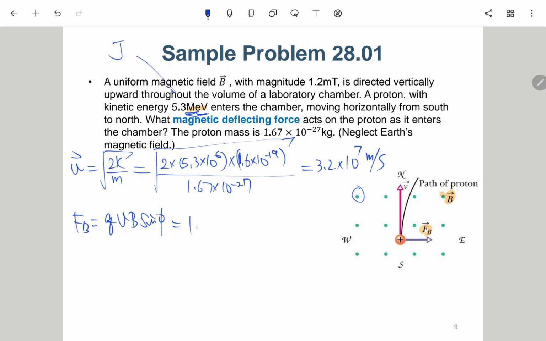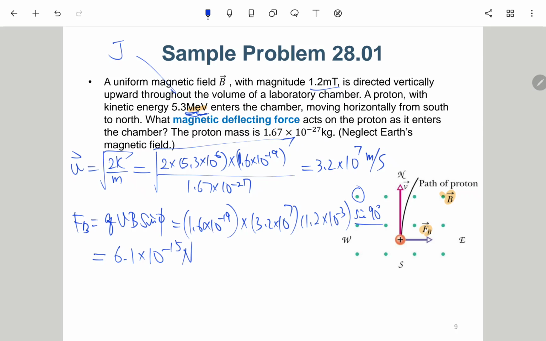So this is 1.6 times 10 to minus 19 is the Q, and then times 3.2 times 10 to the 7th power, and then times B is 1.2 times 10 to negative 3rd Tesla here, and then sine of 90 degree, which is 1 here. Okay, so finally we get FB is 6.1 times 10 to negative 15 Newton. Okay, so this is the magnetic deflecting force acting on the proton.